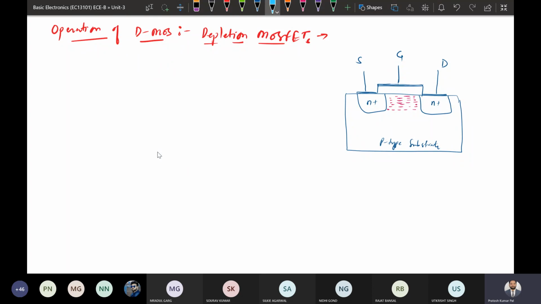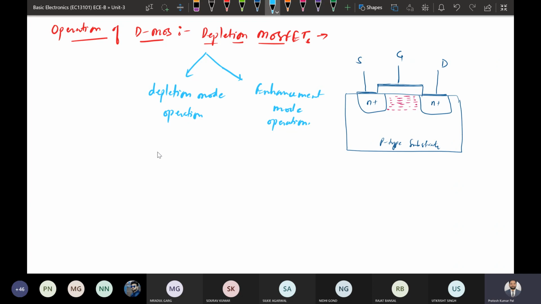A depletion type MOSFET can operate either in depletion mode or in enhancement mode. We will see both depletion mode operation and enhancement mode operation.